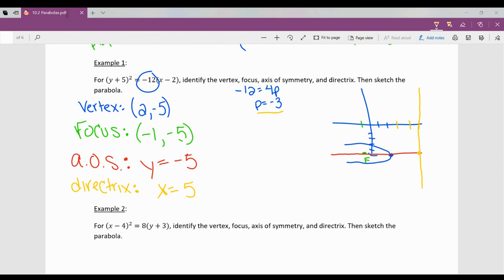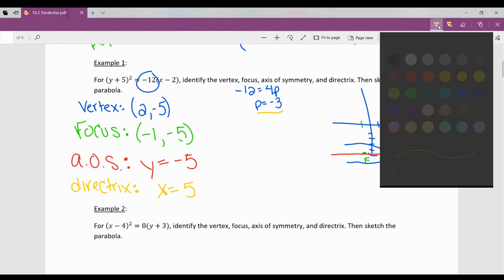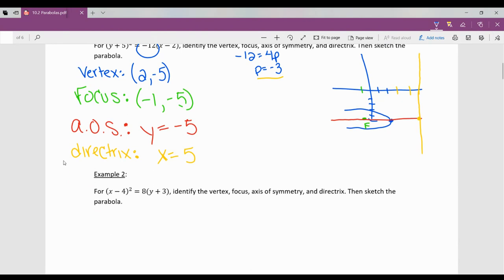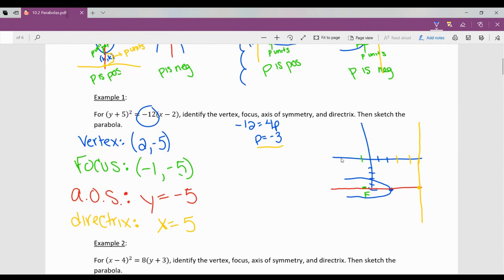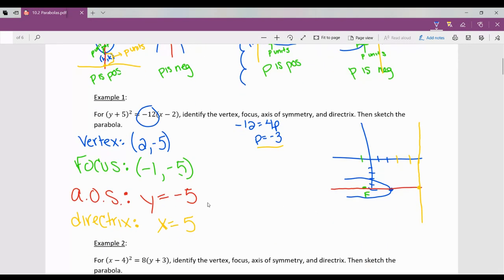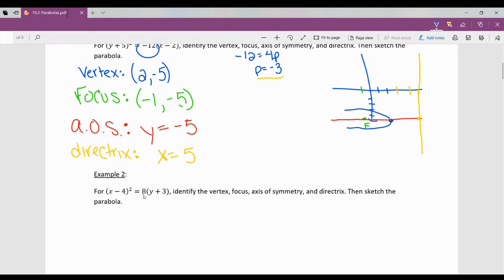All right, so on to the next one. Same idea. Just going to change my color back to my original blue. We've got x is being squared, so that's going to be opening vertically, either up or down. Now, because it's positive out in front, it's going to be opening up.